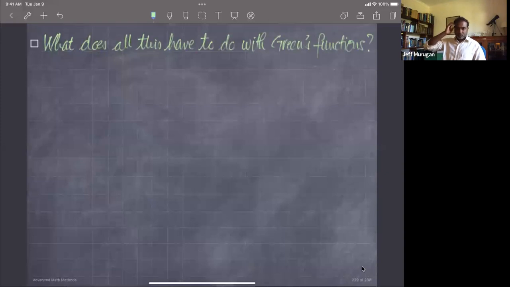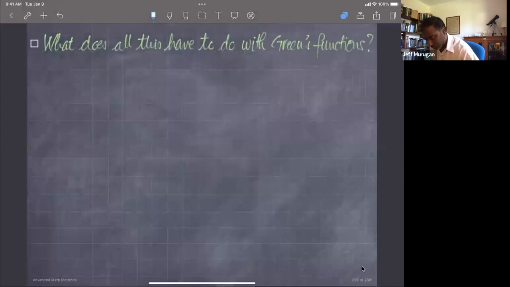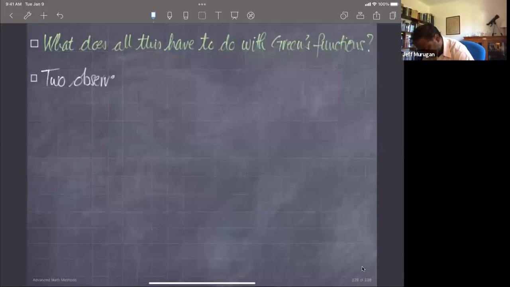Well, there are two things that we learned so far. There are 2 points to note. They're just observations at this point. We're going to make them more precise just now.